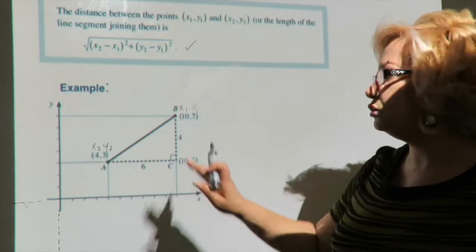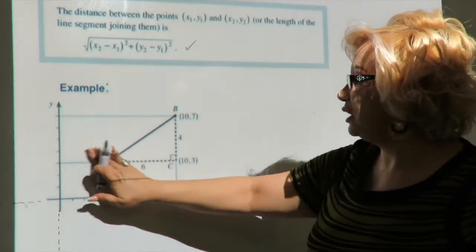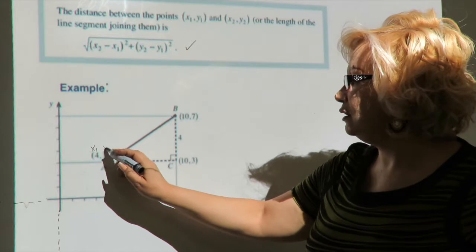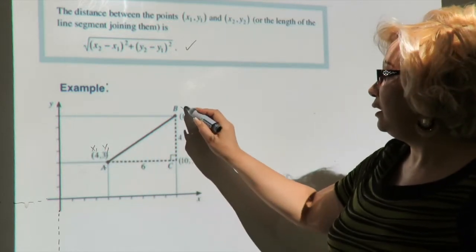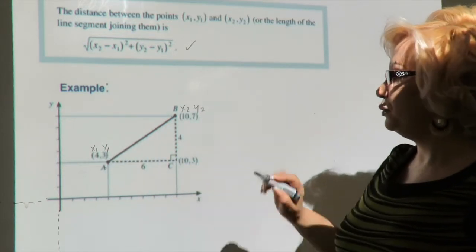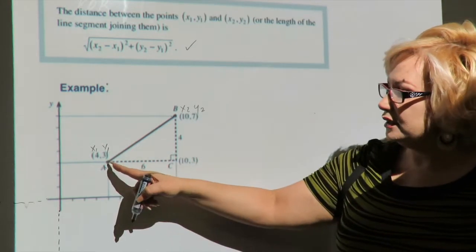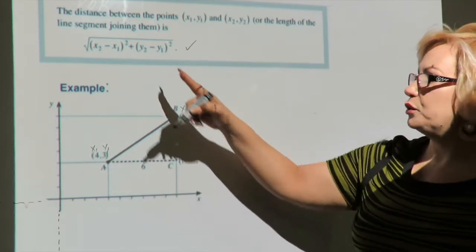You can also do the opposite. You can name these x1, y1, x2, y2. Remember, we are finding the distance from this point to this point.